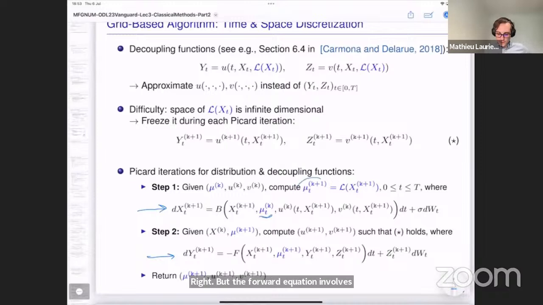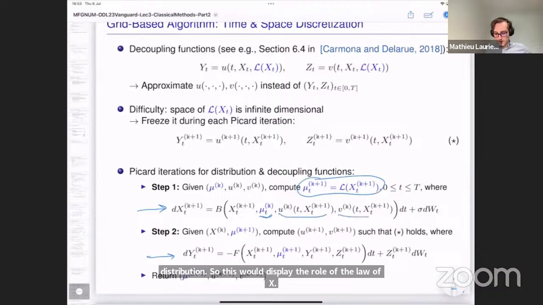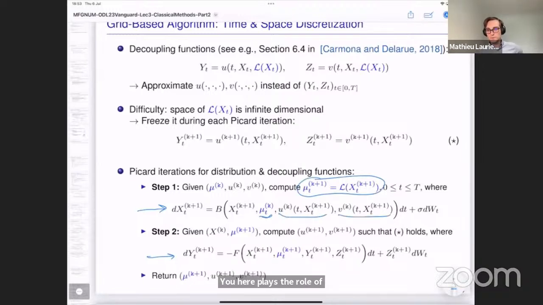So this plays the role of the law of x. U here plays the role of y, and v plays the role of z. But you assume you have these functions from the previous iteration, and they are given to you. Here I do it with index k, so it's really given to you from the previous iteration.